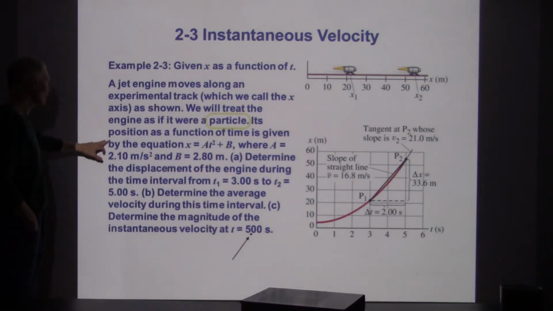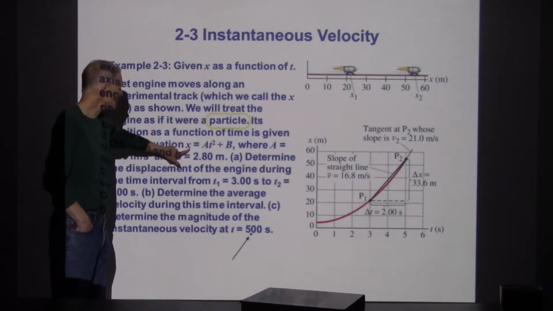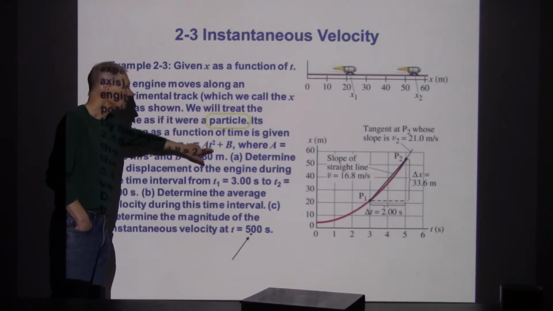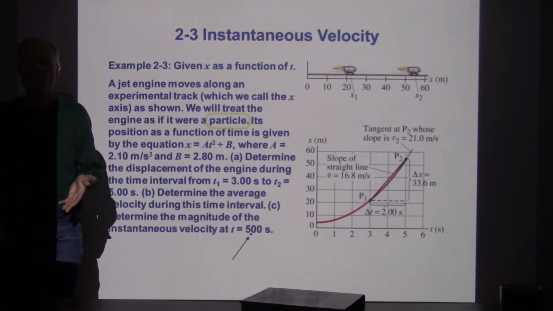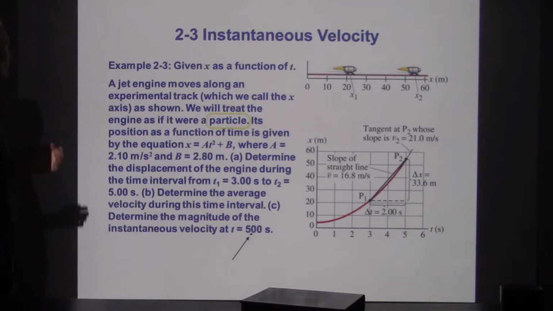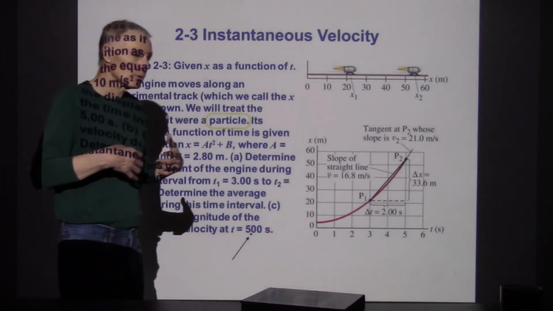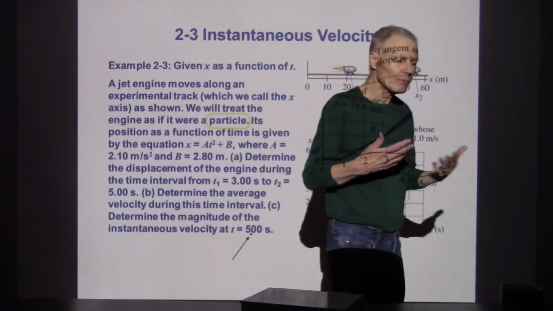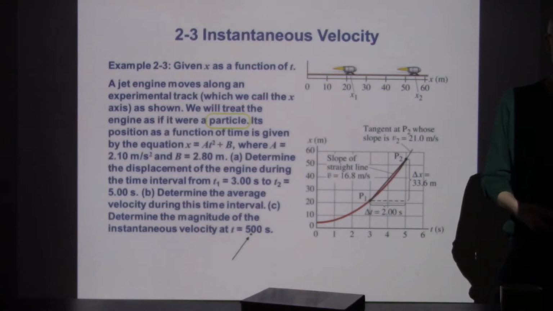Now they've collected a lot of data, and what they have found is that the position of this test jet engine as a function of time is well represented by the mathematical formula a t squared plus b, where a and b are constants that we've determined by analyzing the data.